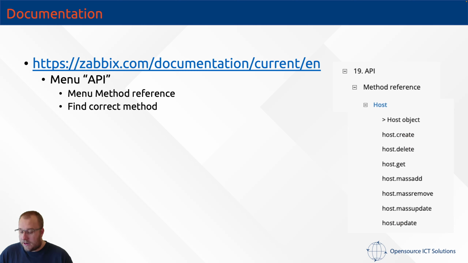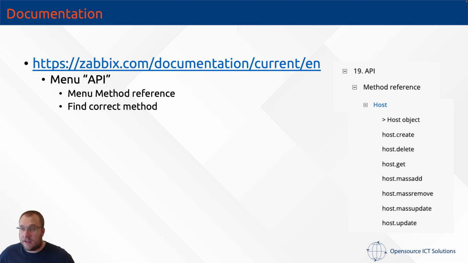Everything here is nicely documented. And what is helping me personally, all those methods have examples. Of course, the examples do not always fit what I need, but at the same time, it's a great starting point to build my own queries, my own calls. So yeah, the documentation is essential if you ask me.